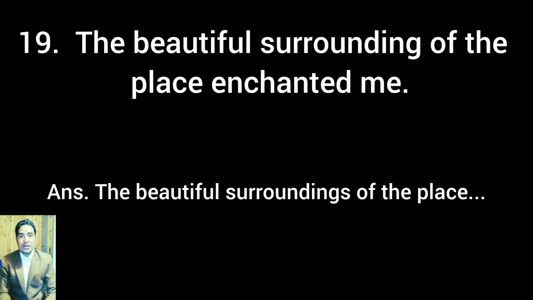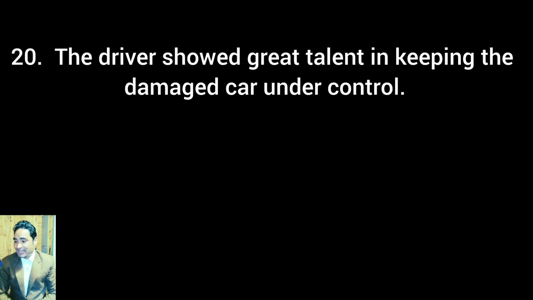Surround, surrounded, surrounded, surrounding, surrounds. Here surrounding means the fourth form of the verb surround. Surroundings means outskirts, atmosphere, and environment. So the correct answer is the beautiful surroundings of the place, not surrounding. Let's move on to the next question.